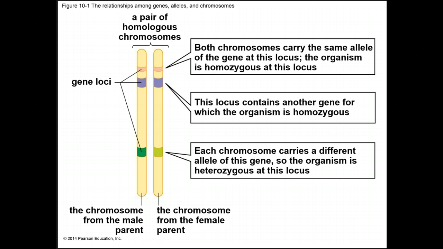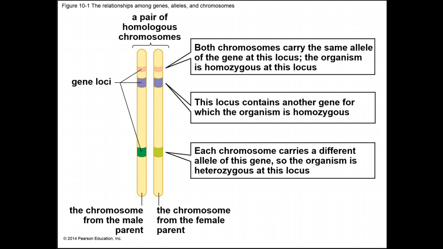However, if you look further down on this chromosome, you see a third set of genes, one in dark green and one in light green. These two genes, while they encode for the same trait, have different versions. And so we consider this person to be heterozygous at this particular gene location.